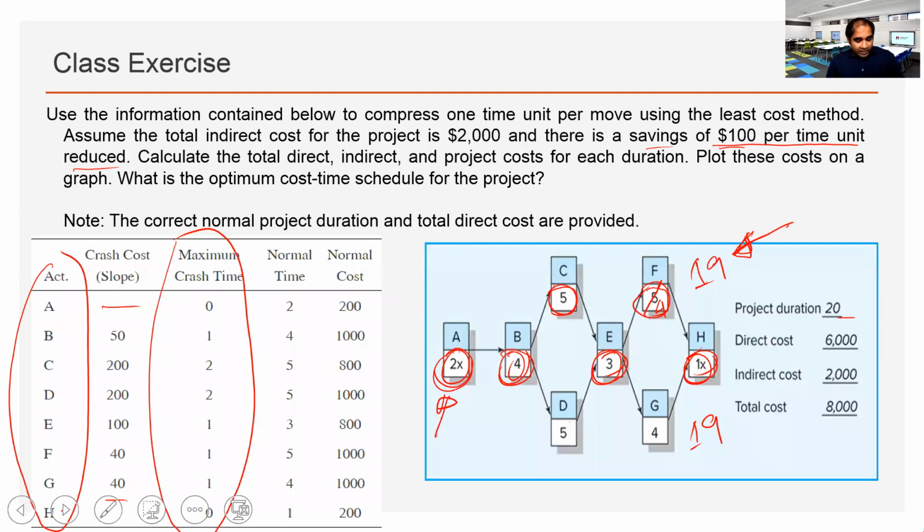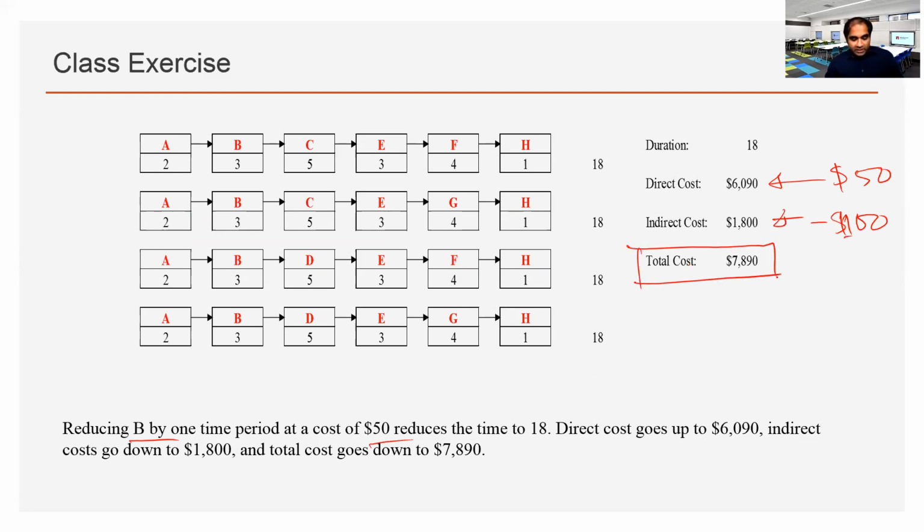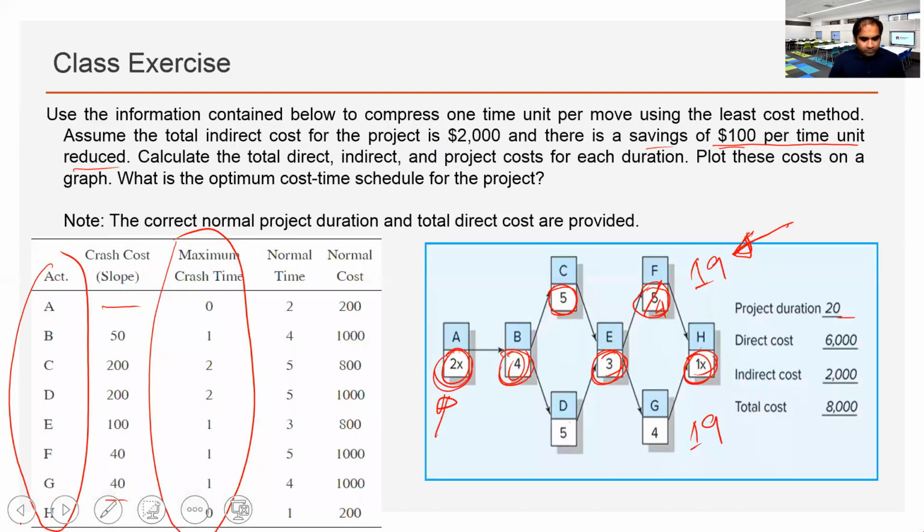So now let's crash B again by 1 day, 50 added, 100 reduced. All right, total cost is reducing again with the duration. Next, now we have 18 days. So can we crash B any further? No, because we reached the maximum limit of 1 day.